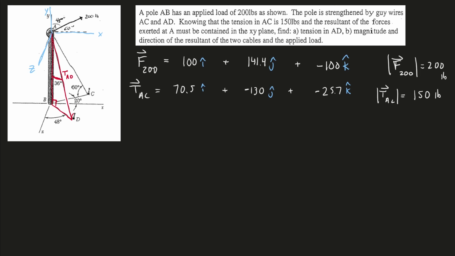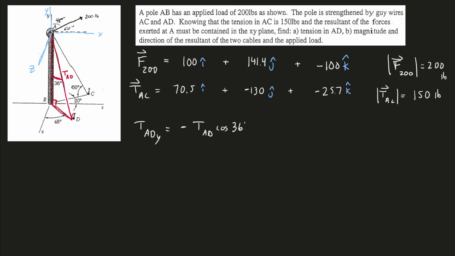So let's go for the adjacent right here, and that'll be the y component, and again, this one will be a negative. So the y component of TAD will be a negative, and it will be the hypotenuse, the magnitude TAD, an unknown, times the cosine of 36.